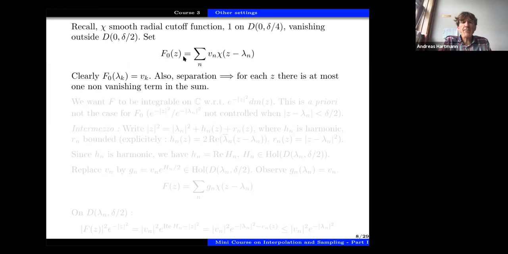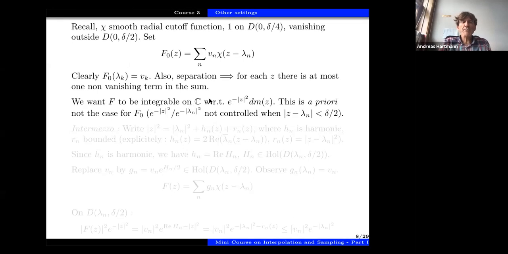But of course, my first requirement would be that f0 should be integrable with respect to this weight. That's my requirement for f. And this is not true for f0. If I take f0, it takes this value Vn, which is more or less like e to the minus lambda n squared.